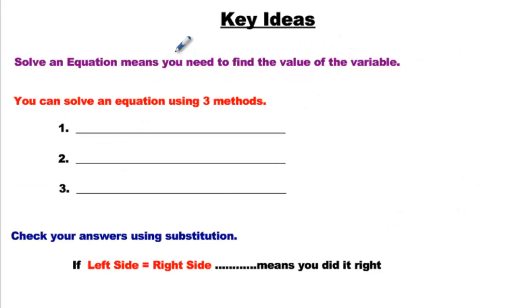So what did we learn today? We learned that to solve an equation means you need to find the value of the variable. You can solve using 3 methods. Do you remember the 3 methods? There was inspection. There was scale balance.